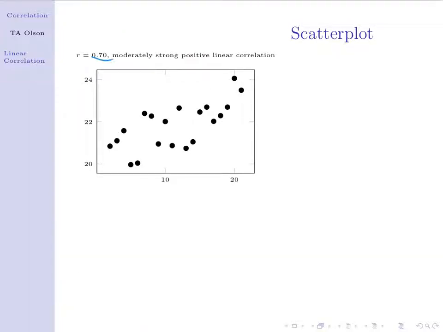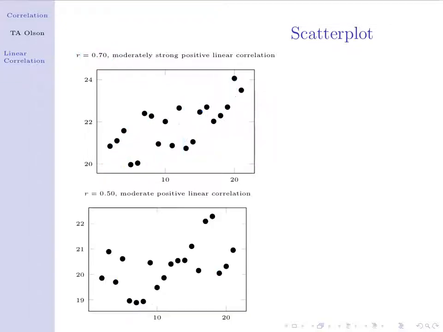And as our correlation coefficient gets closer to 0, at 0.7, we can still see a trend, but there's all of a sudden an awful lot of mess in our data. Once we get to 0.5, it's getting tougher and tougher to see the pattern.